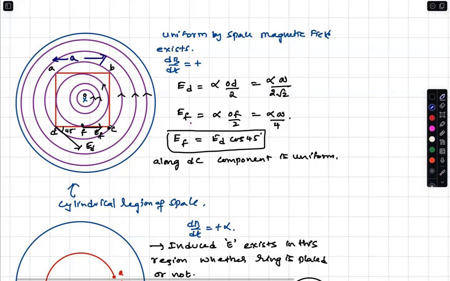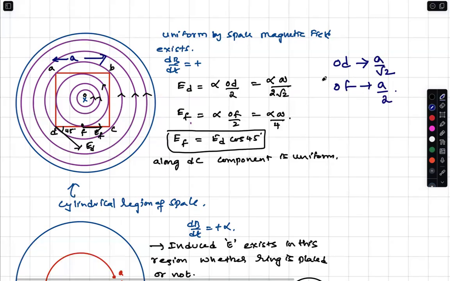Right. Now, here OD becomes, in such a situation, OD becomes A by root 2 and OF becomes A by 2.